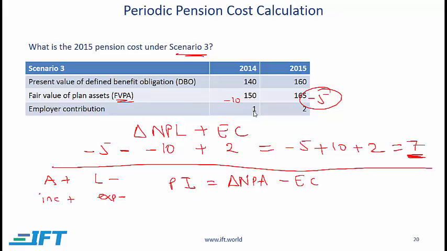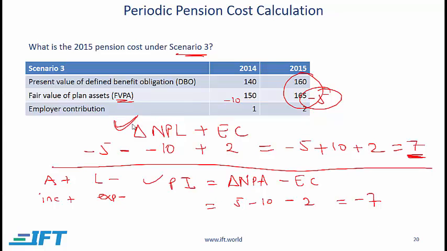So over here, what is the change in net pension asset? We have an asset of 5 at the end of the year, minus we have an asset of 10 at the beginning of the year. So you have 5 minus 10, minus the contribution, which is 2. So 5 minus 10 minus 2 is minus 7. The pension income is minus 7, which means that the expense is 7.